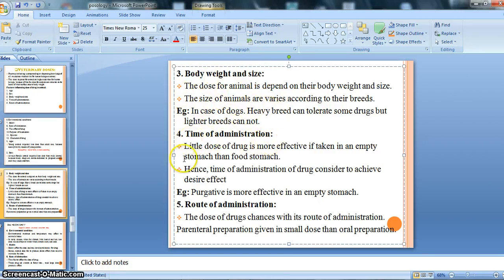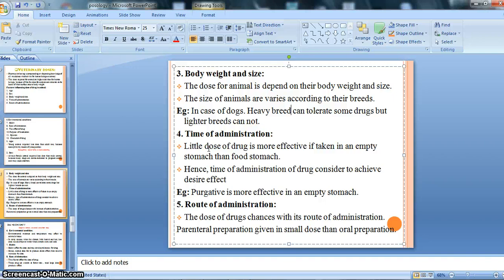Then time of administration. A little dose of drug is more effective if taken on an empty stomach than on a full stomach. We all know small doses are more effective in case of an empty stomach.